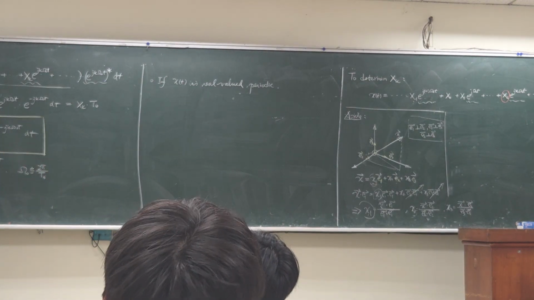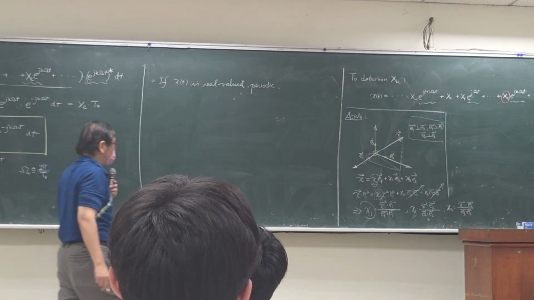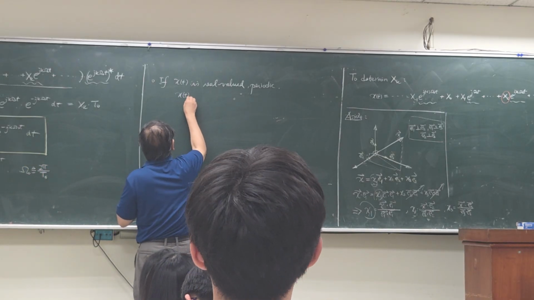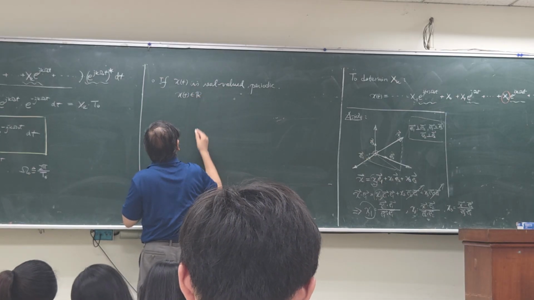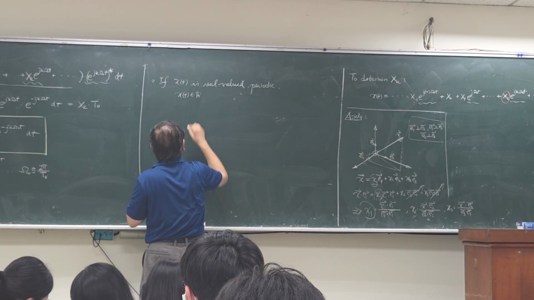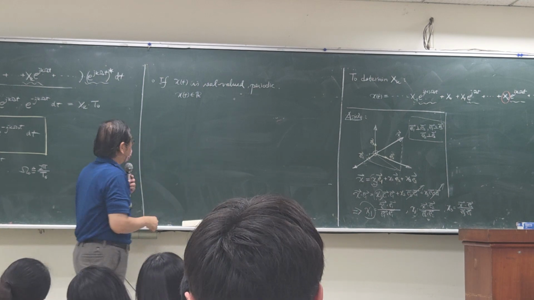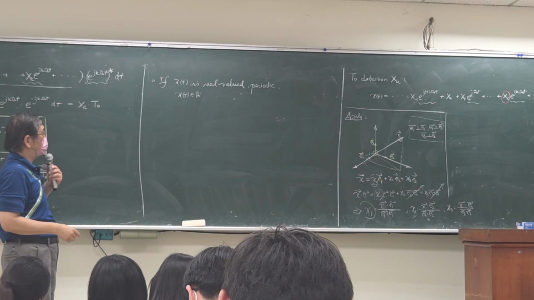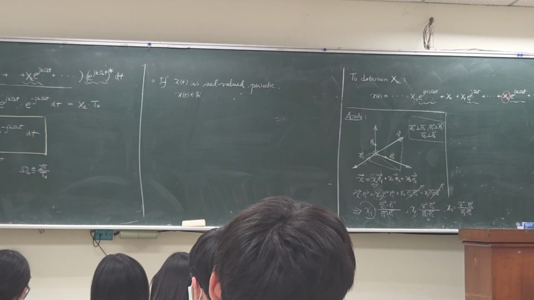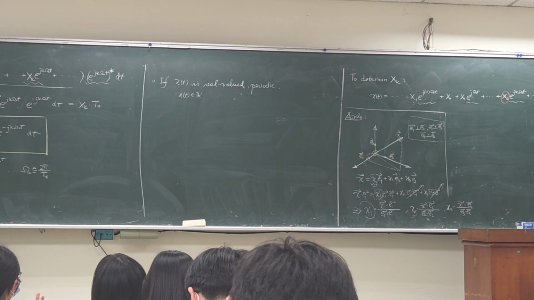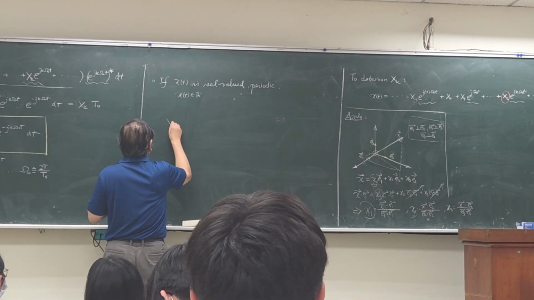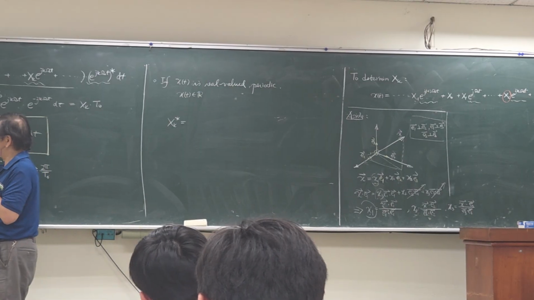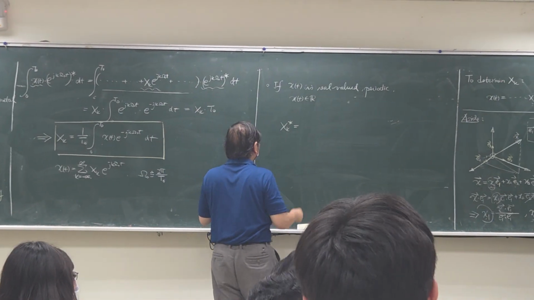What about if we consider a real function? Real-valued function, suppose that is the case. For this case, what can we say about the coefficient? Then we take x of k star, the complex conjugate of the coefficient.